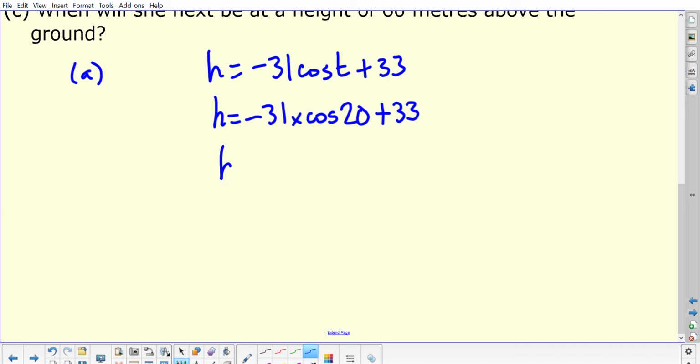And if you do that on the calculator, these are usually worth 2 marks. You'd get a mark for doing the actual subbing in, replacing the letter, and the second part of that is do that on the calculator. You'll get the value of 3.8695 and then the other digits.